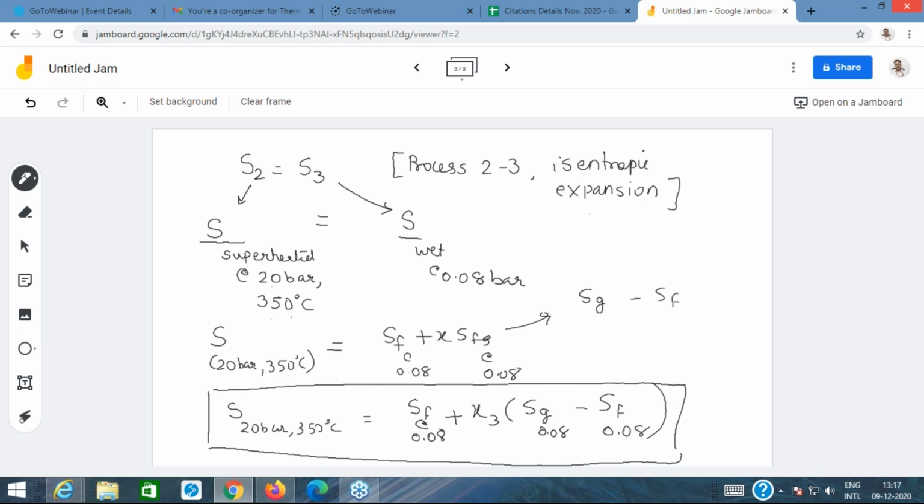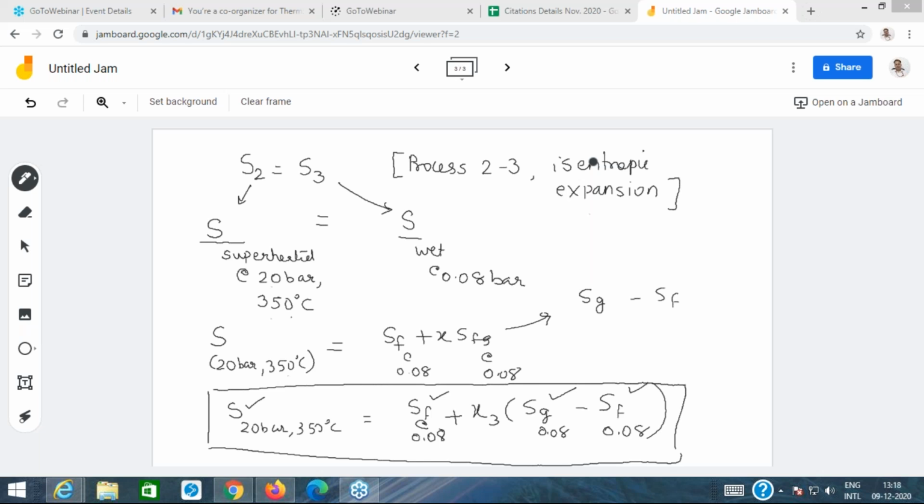So now what we need to do is, from the steam tables, find the entropy at 20 bar 350 degrees centigrade, find the Sf value at 0.08 bar, find the Sg value at 0.08 bar, and from that you can get the value of x3. Is this understood? Rushali? Okay, Rushali has understood this. Thank you, Rushali.